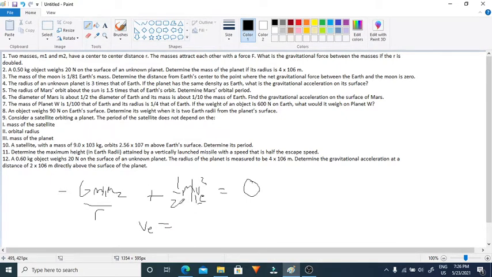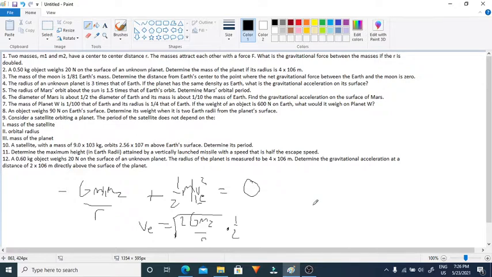But we have VE equal to G times M2 over R, and we'll have a times 2 to cancel out the 1/2, and then all square rooted to cancel out the square root. So our VE, which is technically the initial velocity, our escape velocity, is going to be root 2 times G M2 over R. But it is given that we're going to have an initial velocity of this times 1/2.